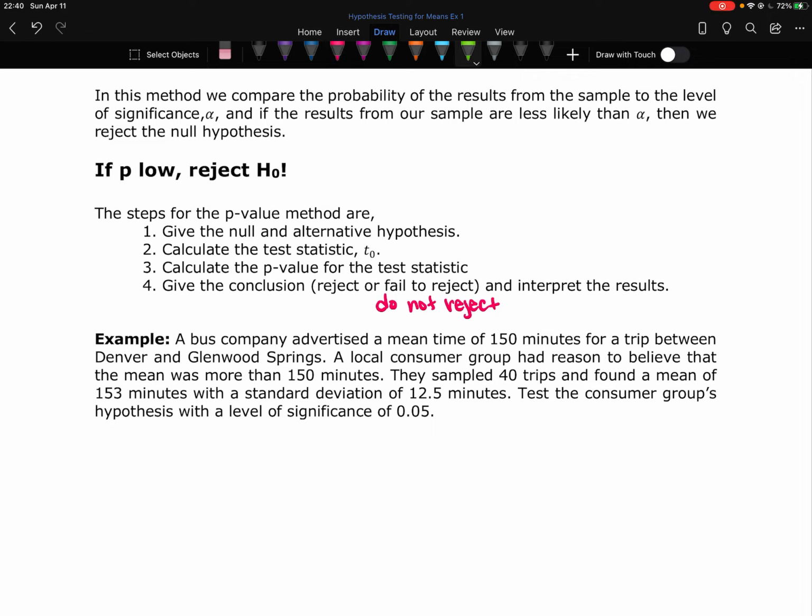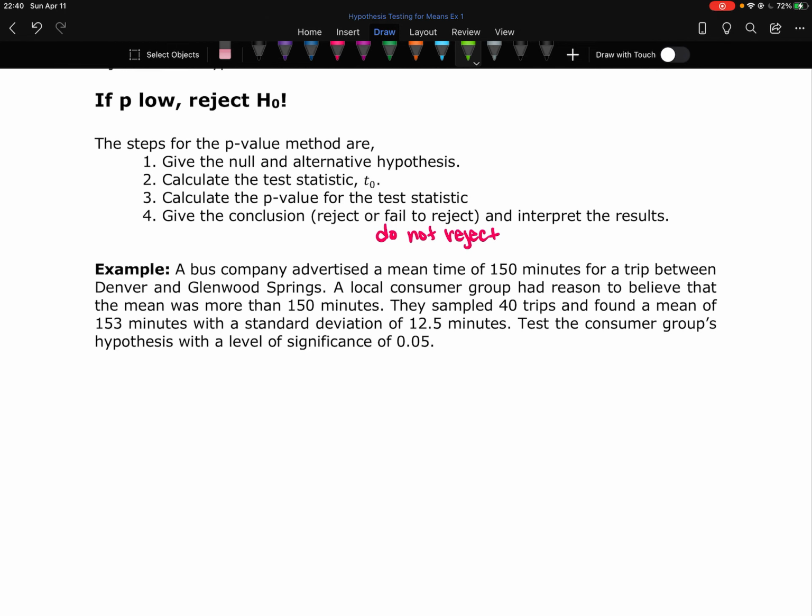I'm going to continue what I've been doing by going through and looking at, all right, what did I find in this problem that was significant to me, that I needed? So this bus company is advertising a mean time of 150 minutes. The consumer group believes that the mean is more than what they're claiming.